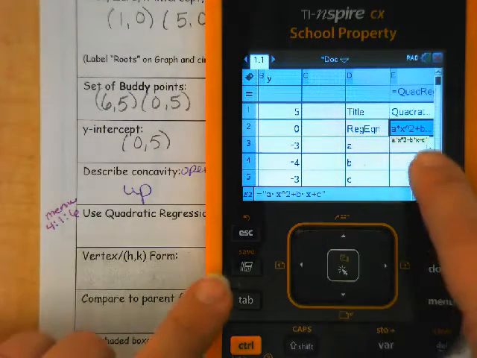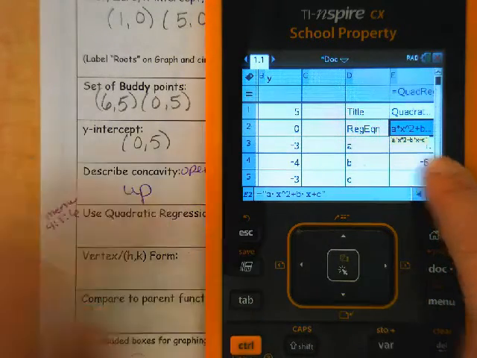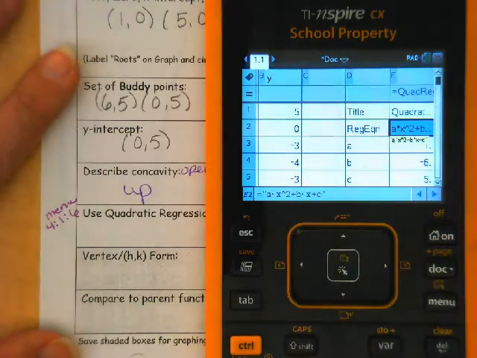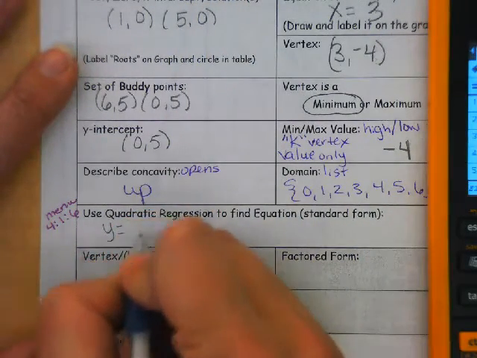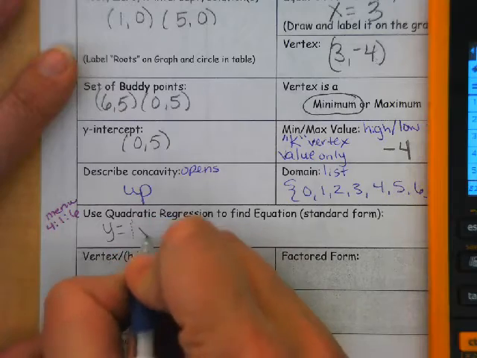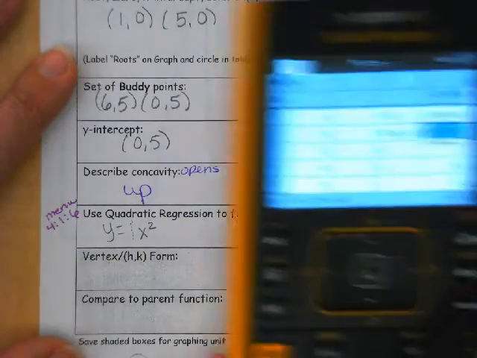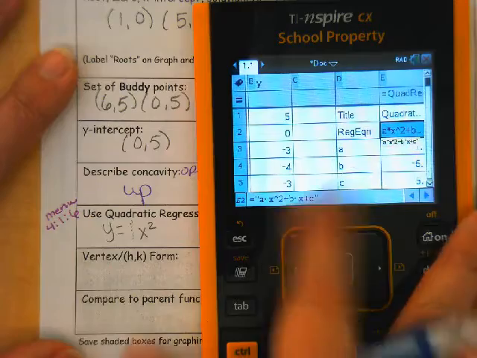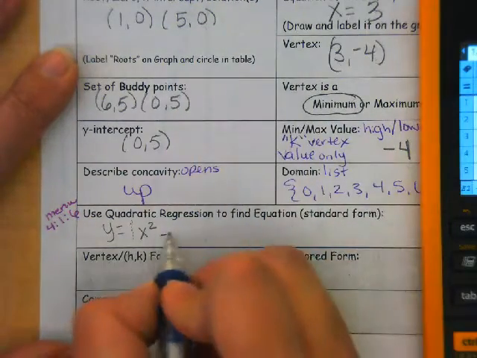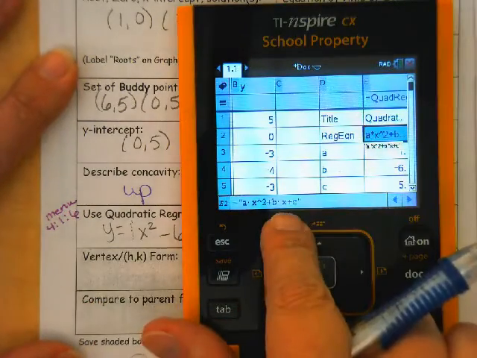So our A is 1. Do we need to write the 1? You can. You don't need to. You can just write X squared. Our B is -6, so -6x. And our C was 5.